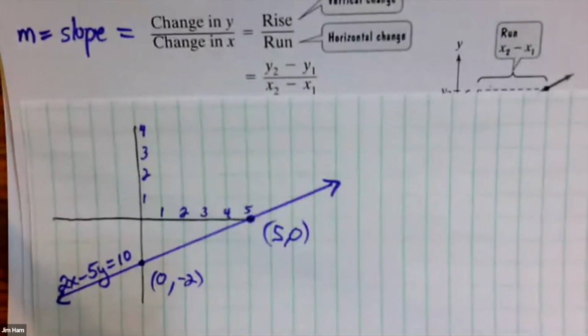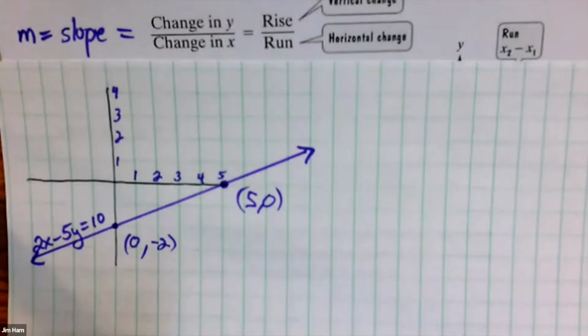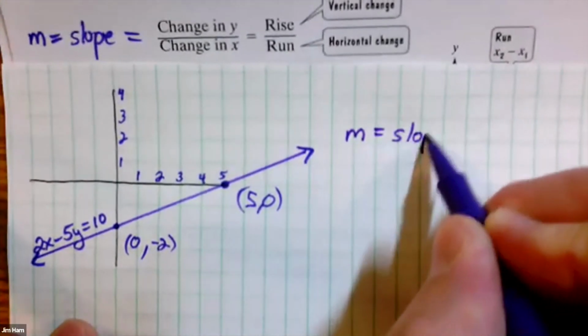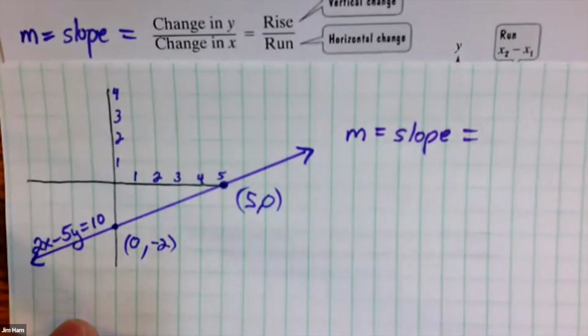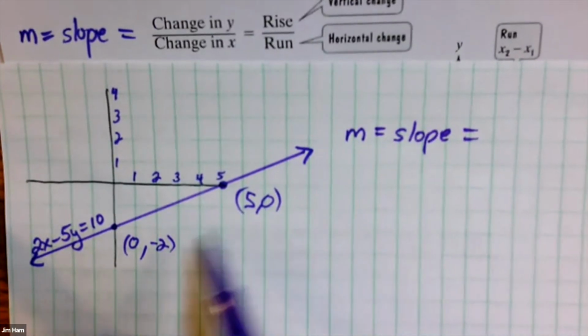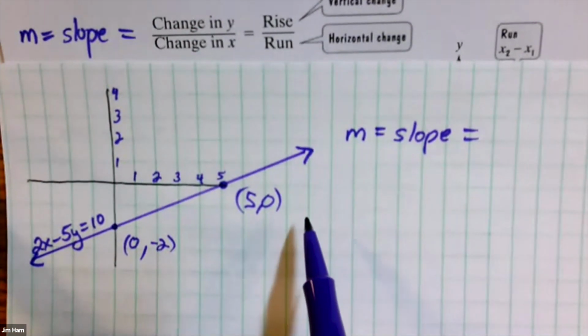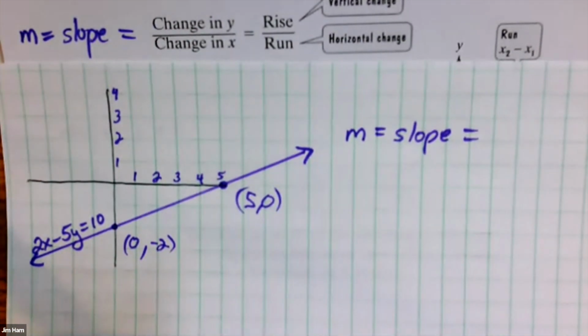All right, let me go back to my picture here, and let's calculate the slope. Well, it really doesn't matter which point you call x1, y1, and which point you call x2, y2. You can flip them, it really doesn't matter.